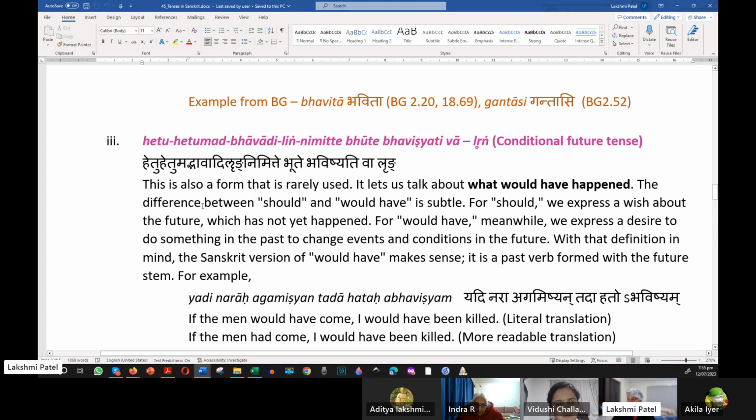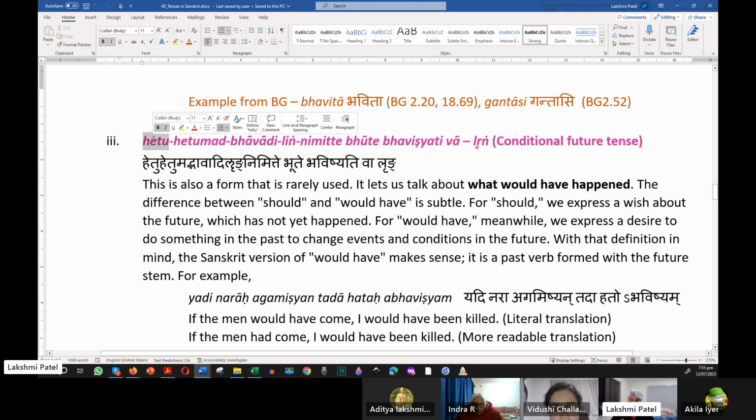Then there is something called run, okay, which is a conditional future tense. Now this is quite a mouthful of a definition for it. Hetu mad bhavadi lin nimitte bhute bhavishyati va. Okay. What would have happened?